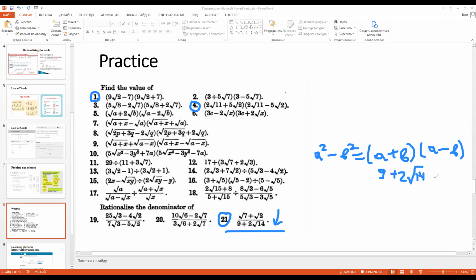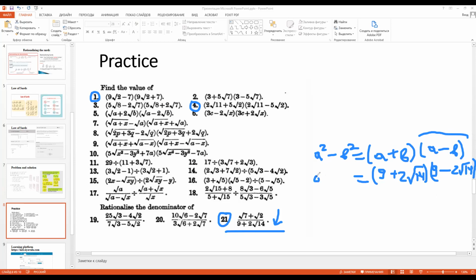We have this one, but we don't have this pair, the minus, which is a equal to 9 and b equal to 2 square root 14. And in the middle you have to put minus. After that you will get this one.